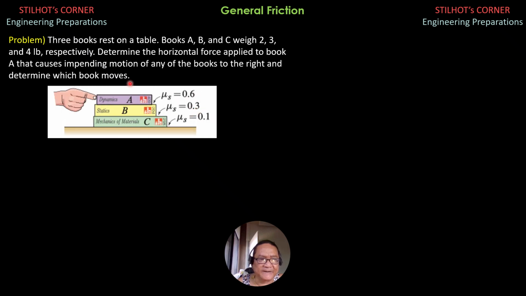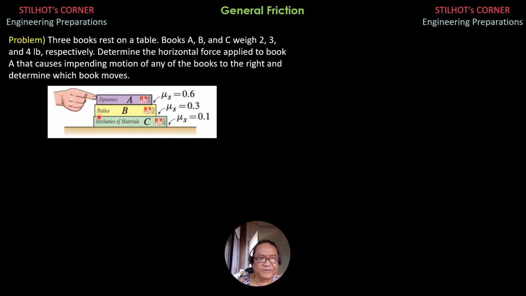So this is the figure, and take note if you are going to consider this as a practical, actual problem, there are three possibilities. One, when we apply a force on book A, A may remain at rest as well as B, and the entire unit of books will move to the right because C intends to move to the right.